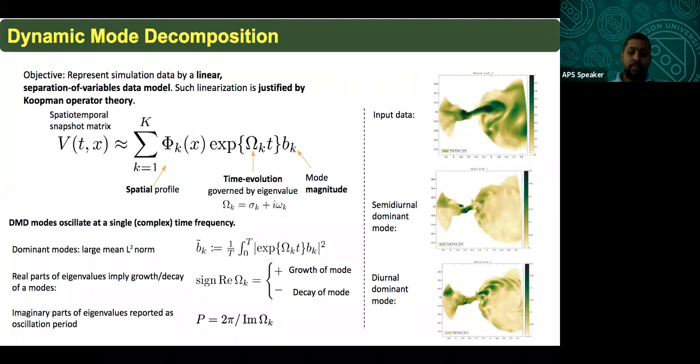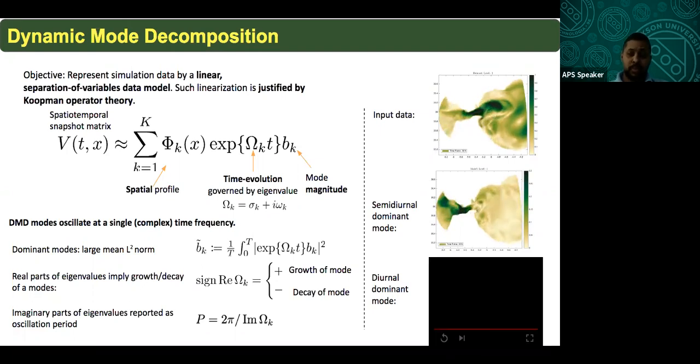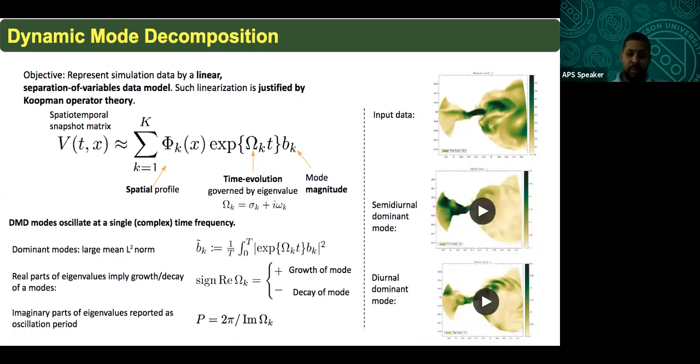If an eigenvalue has a positive real part, then that mode is a growing mode. If it has a negative real part, that means a decaying mode. Also, we can use the imaginary part of those eigenvalues to check the periodicity, or the period, of those modes.